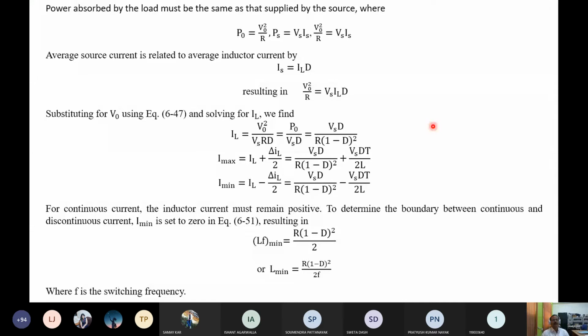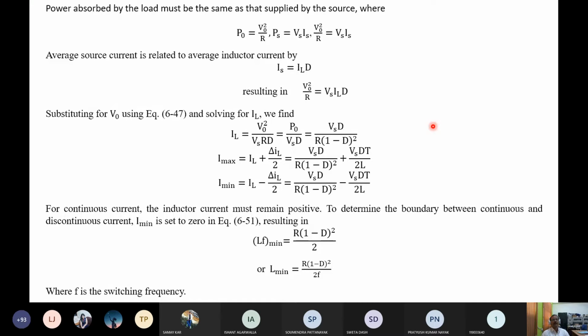So the relation is Is equal to ILD, because when the switch is on, the supply voltage charges the inductor, and then it discharges in the next cycle. So the source current is IL, the average inductor current, times D.